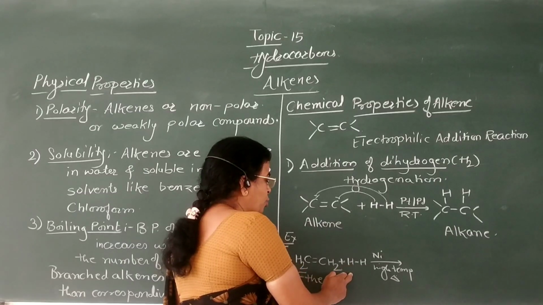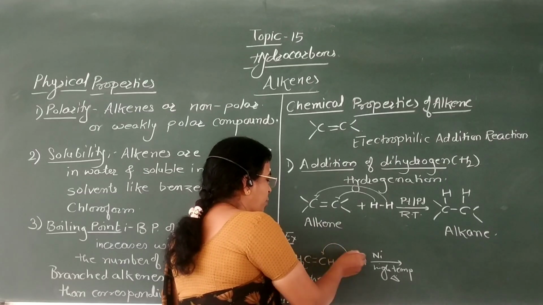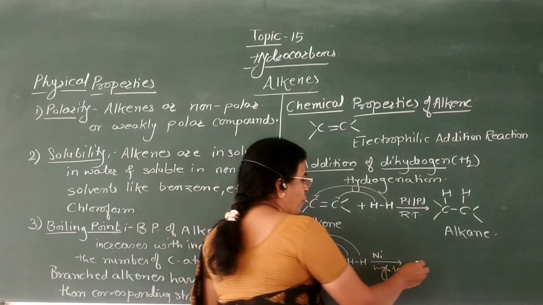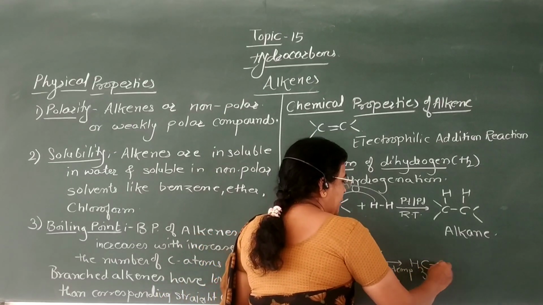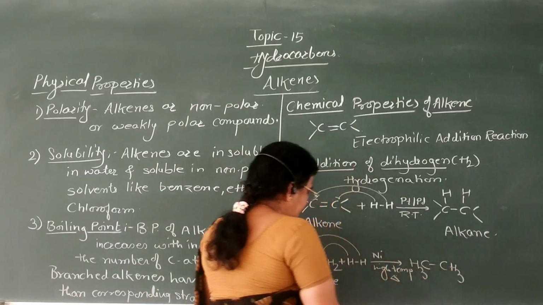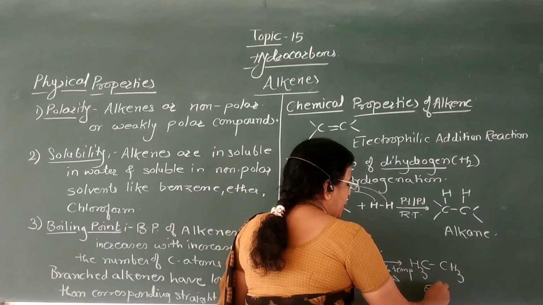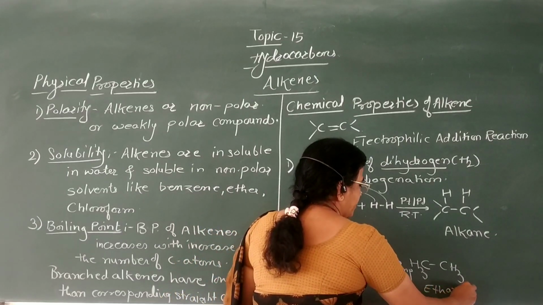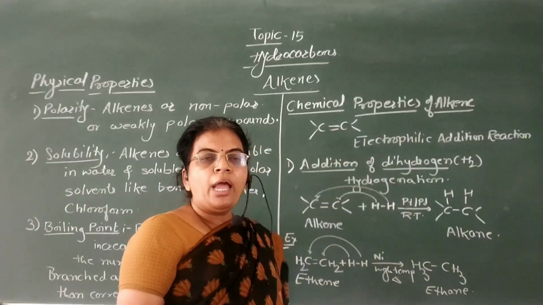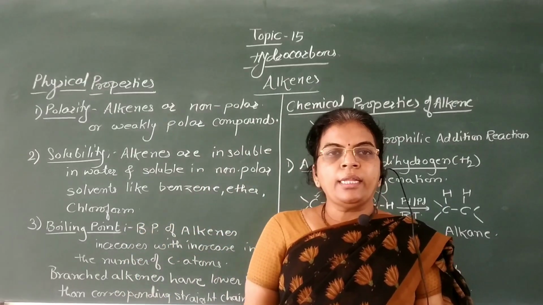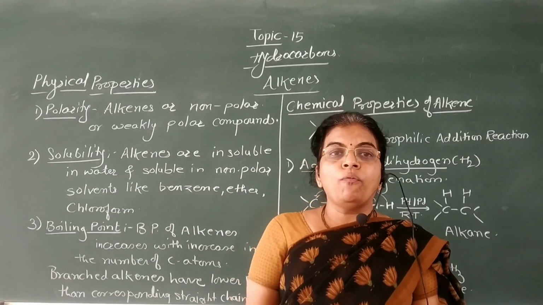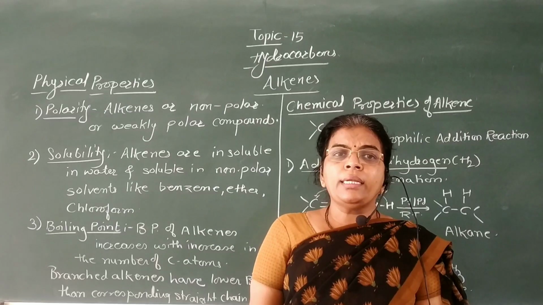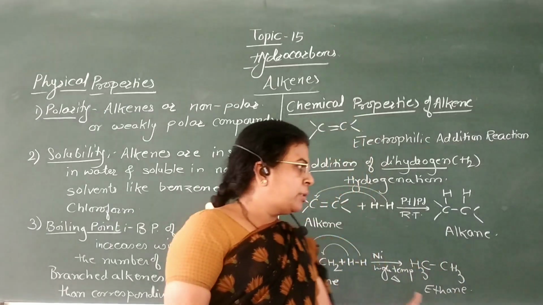Addition of H2 molecule takes place across the double bond of this alkene to form CH3-CH3. That is, this ethene is converted into ethane. This reaction we have seen in alkanes, in the preparation of alkanes from alkenes.